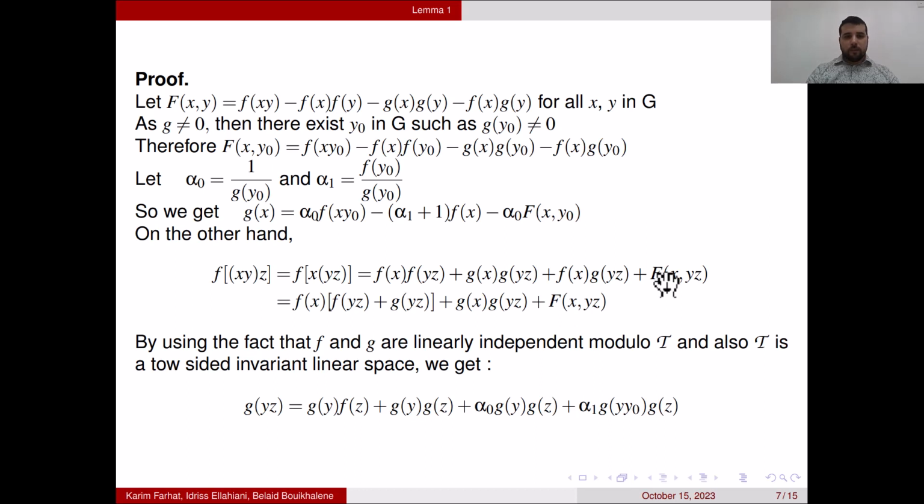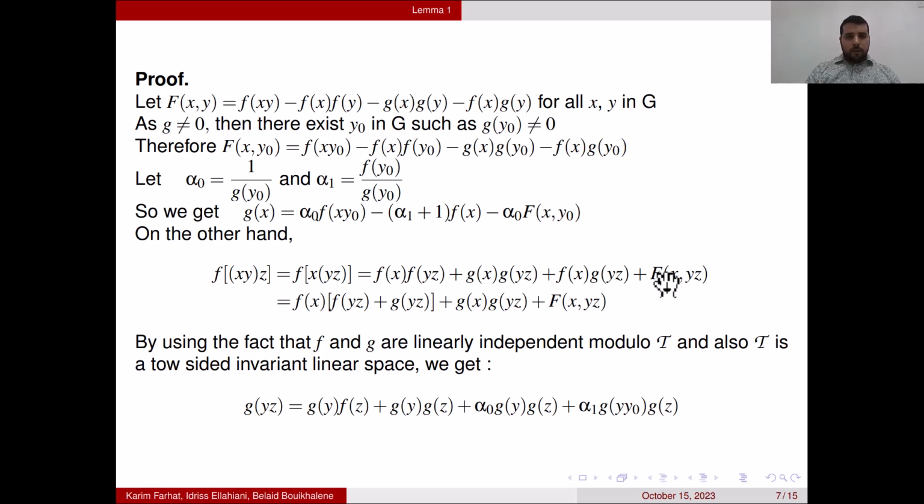Therefore, F(x,y0) = f(xy0) − f(x)f(y0) − g(x)g(y0) − f(x)g(y0). Letting α0 = 1/g(y0) and α1 = f(y0)/g(y0), we get the form of g(x).